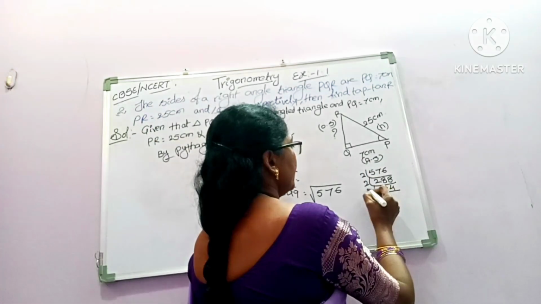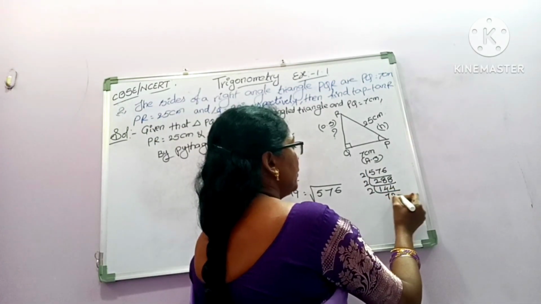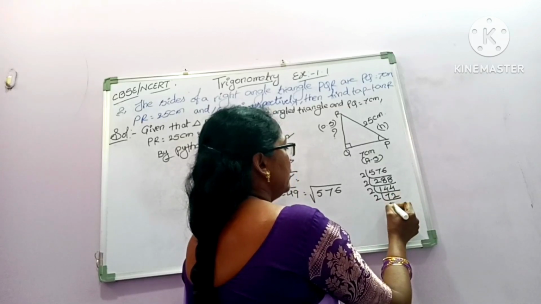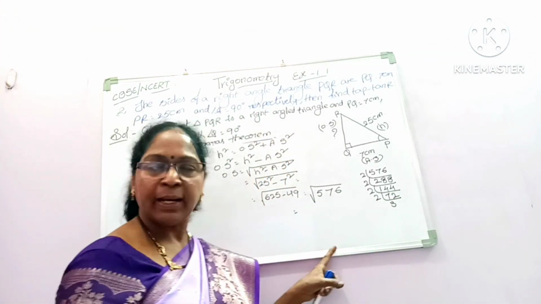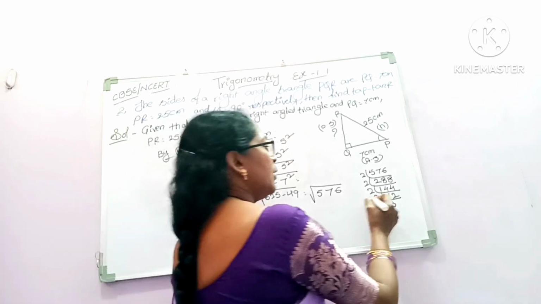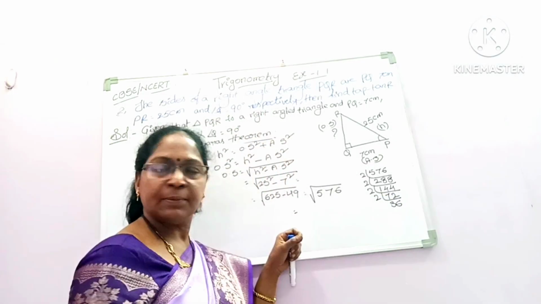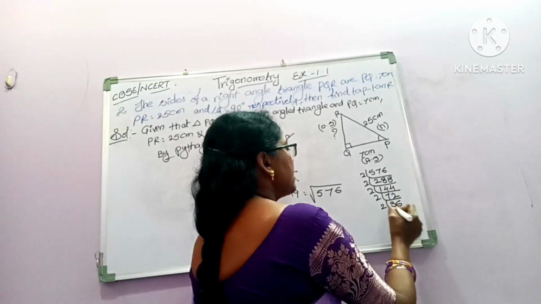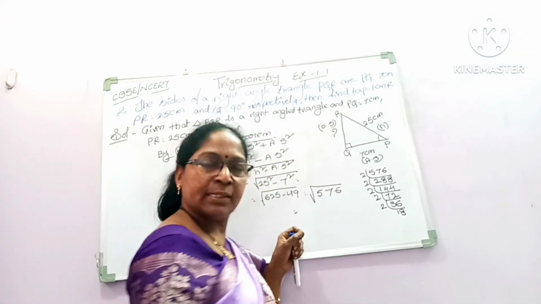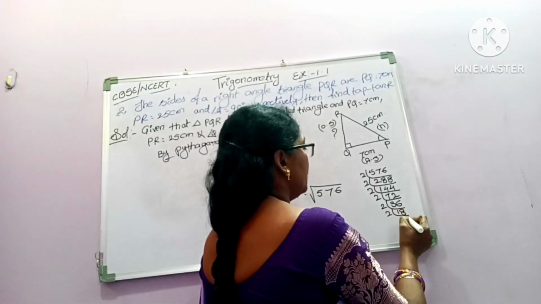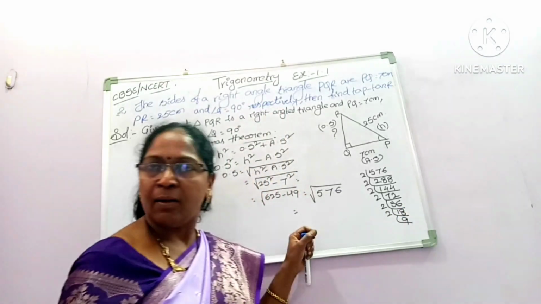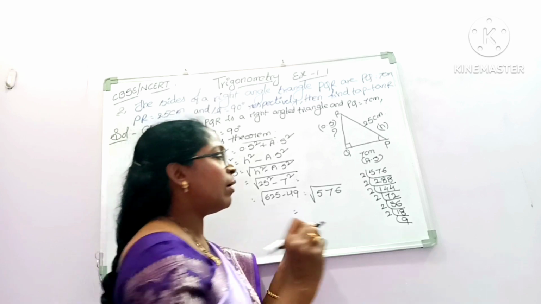Again 2. 3 2s are 6. 1 is the balance. 1 2, 12. In 12, 2 is divisible 6 times. Again 2. 18, 2 9s are 18. Again 2, but 9 is an odd number. So you have to check with the odd numbers only.